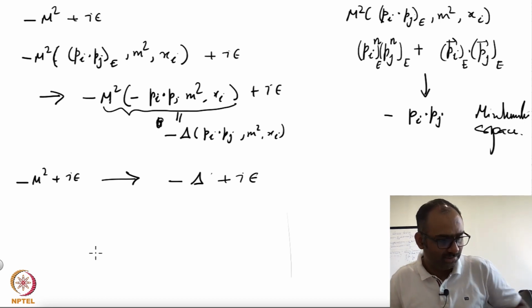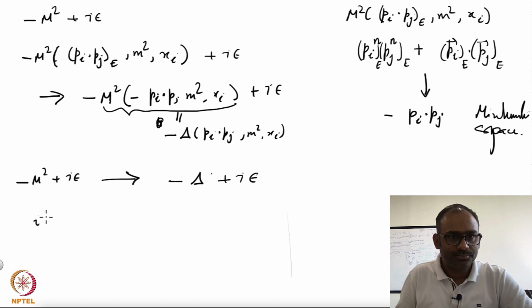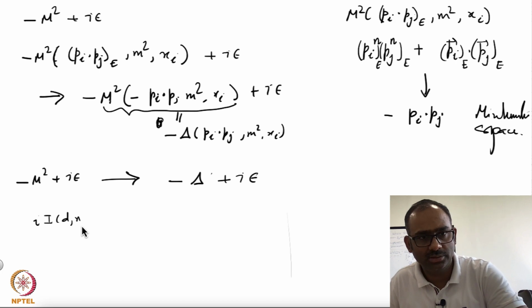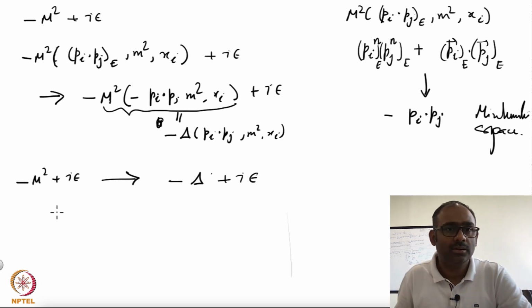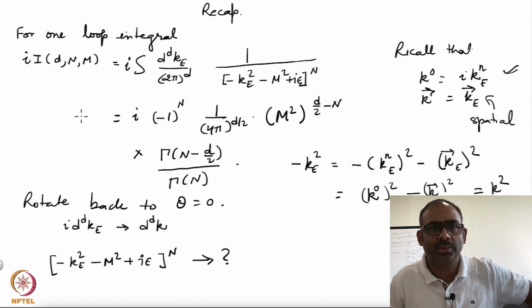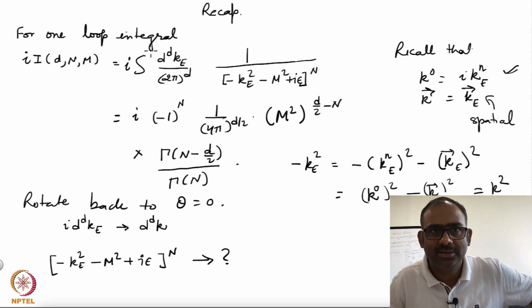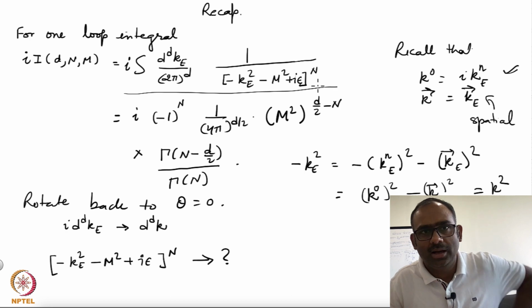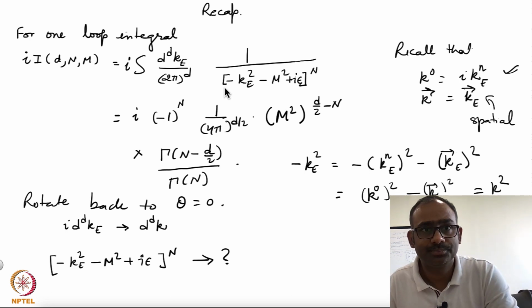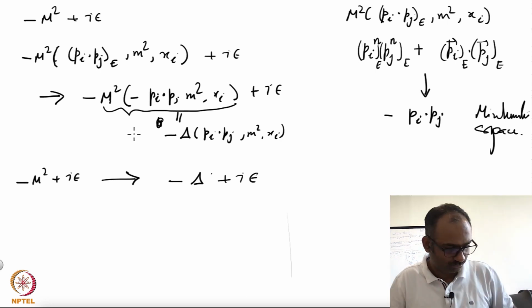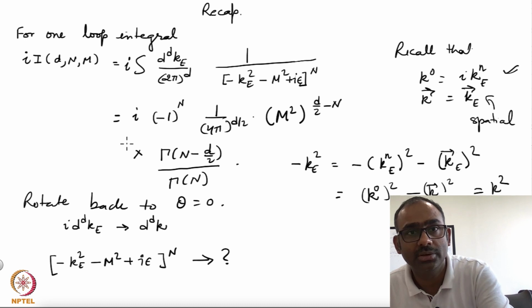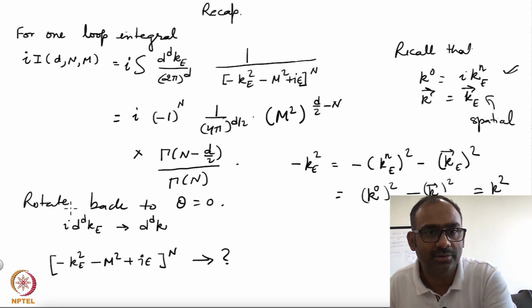So, what do we get then? The integral becomes, or better still, here this one. When I look at this after continuation, it has become the following. And there is a factor of I that will come from here.